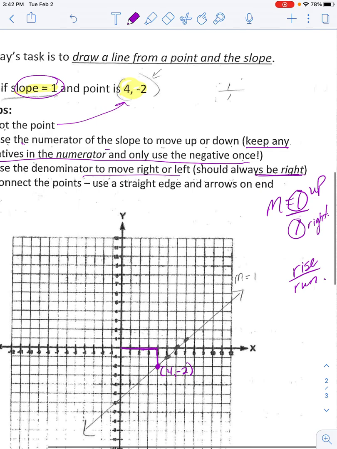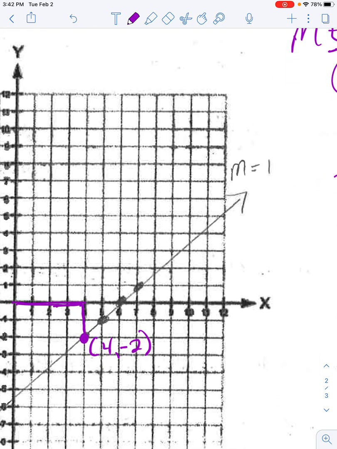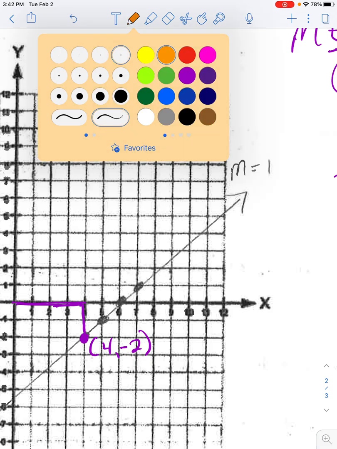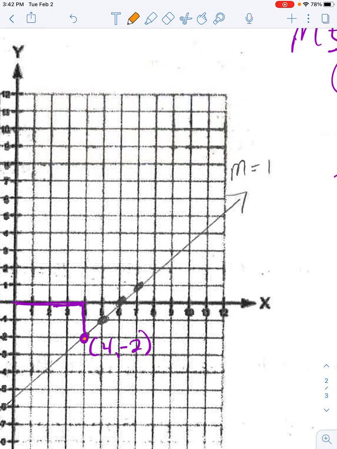The slope is 1, so we're going to rise 1, and then we're going to run 1. I'm right here at 4, -2, and I'm going to rise 1, run 1. There's my next point. Then rise 1, run 1. There's my next point.